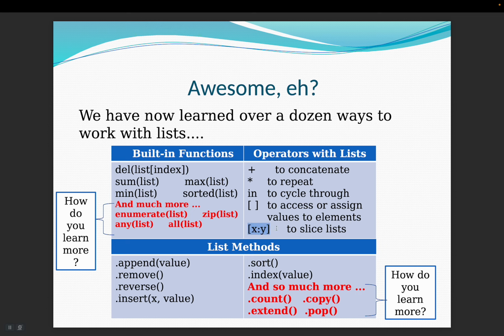We can slice lists. We can use the built-in functions. We can delete. We can sum a list. We can use the max. We can get the min. We can sort it, and much more. Enumerate. We can use zip. We can use any. We can use all. These are some things that you should maybe research. And here are the methods that belong to the list class or module. We have append, which adds a value to the end, remove, reverse, etc.